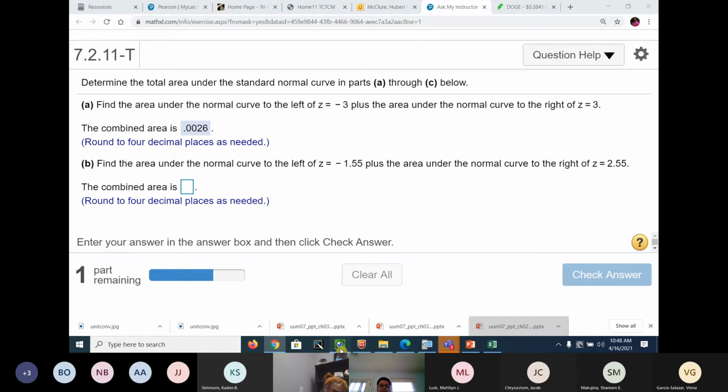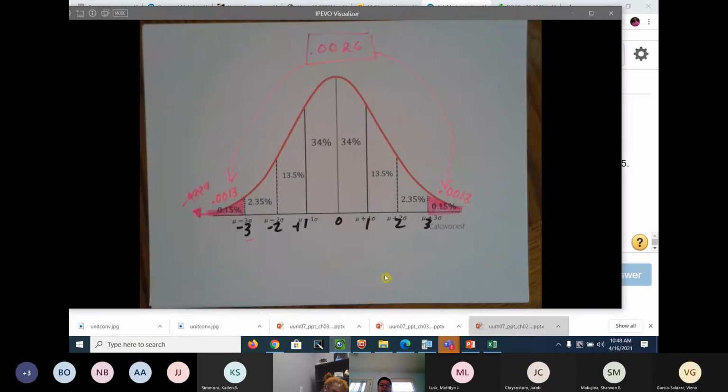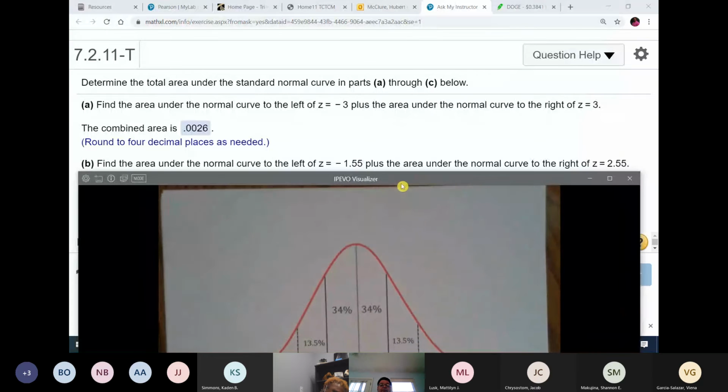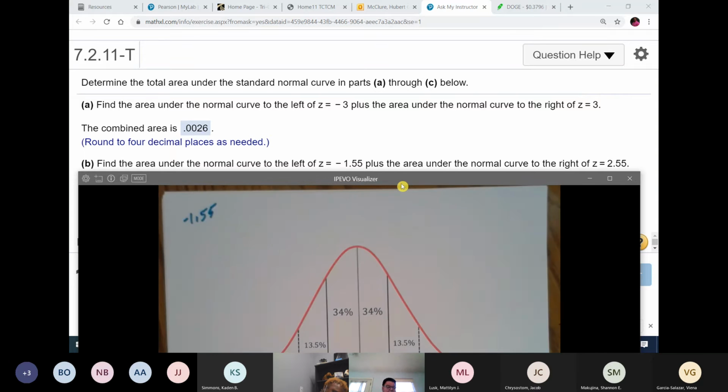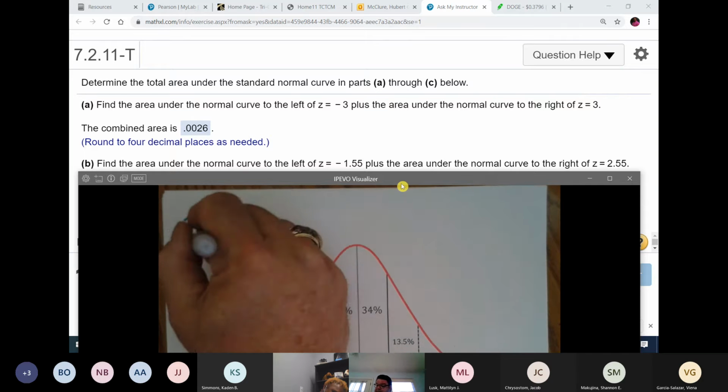Here's my drawing. Okay, left of negative 1.55. So negative 1.55, 0, 1, 2, 3, negative 1, negative 2, negative 3. And we're going to the left of negative 1.55 and to the right of 2.55.